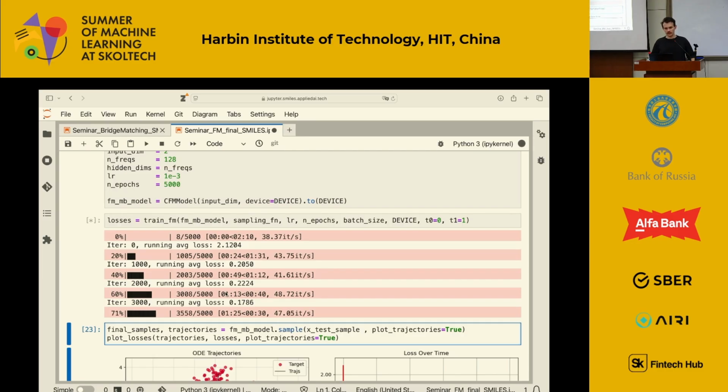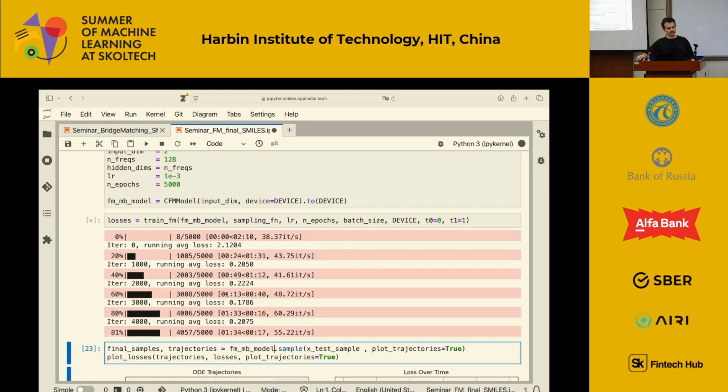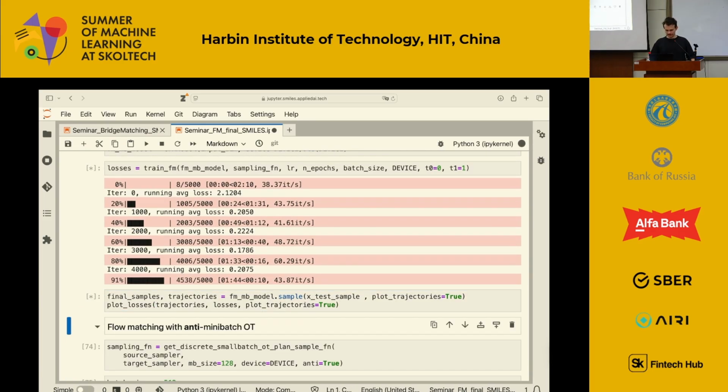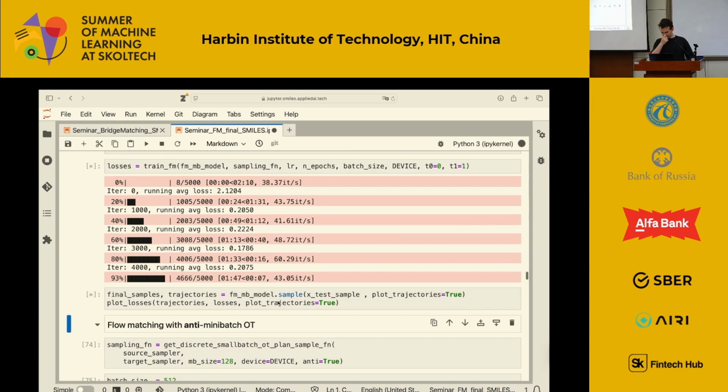Well, not costly in terms of compute, but it takes more time. So you get better properties of your flow matching by paying some kind of computational cost on top, some kind of trade-off between quality and computation.